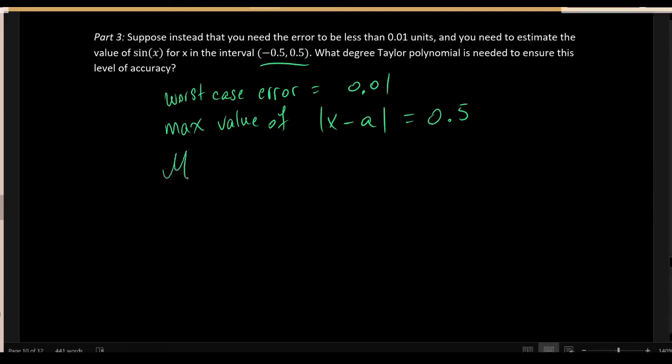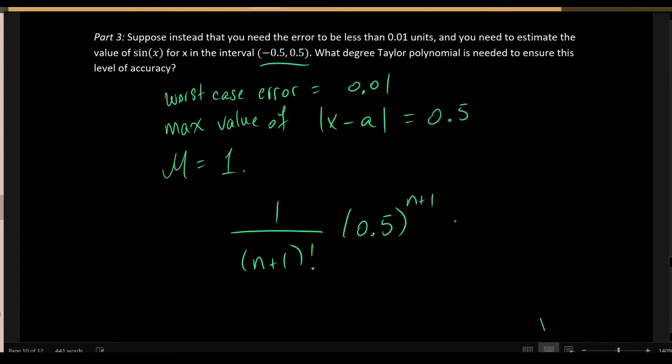We still have this value of m equals positive 1 because we're still working with sine of x. So let's fill in as many blanks as we can. We have worst case error, m equals 1, divided by n plus 1 factorial, times 0.5 to the power n plus 1, that cannot exceed 0.01 at the very worst.